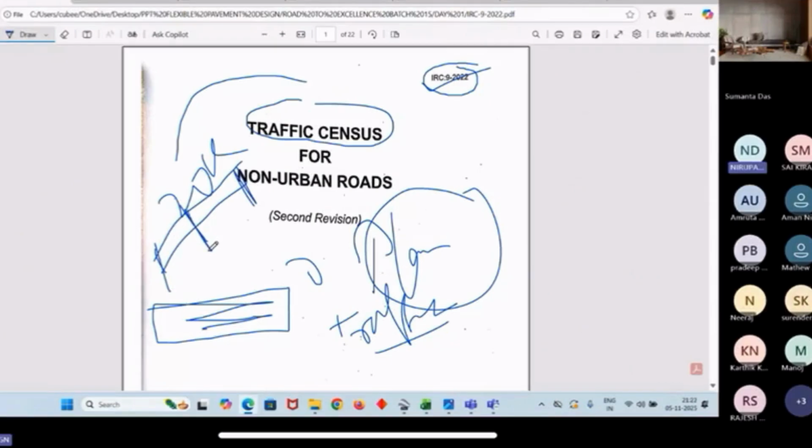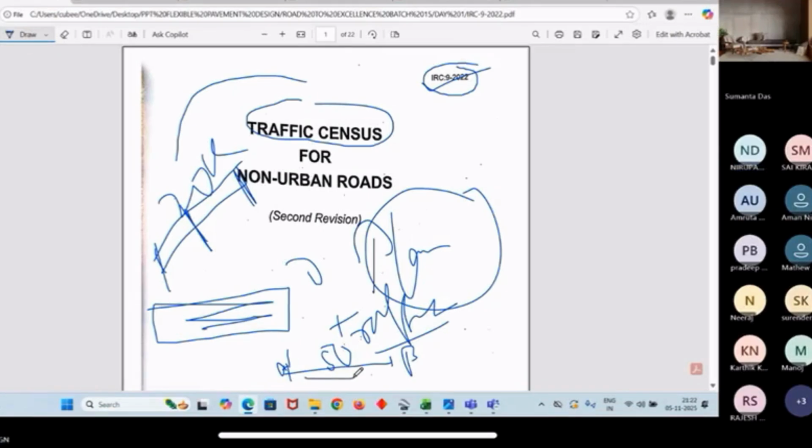Suppose up to 50-kilometer length, minimum traffic census you have to conduct at 2 locations. Suppose this is A, this is B. So minimum 2 points you have to do the traffic survey up to a 50-kilometer road.